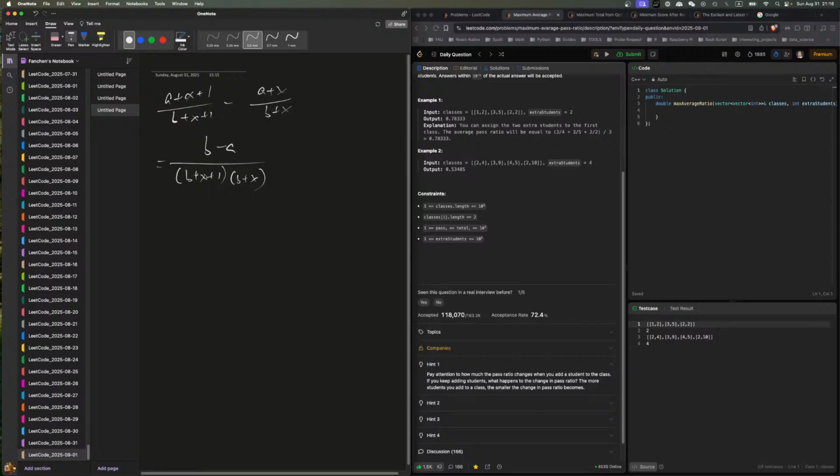Yes, if we increase X, it's going to decrease the amount of benefit for each one of them.